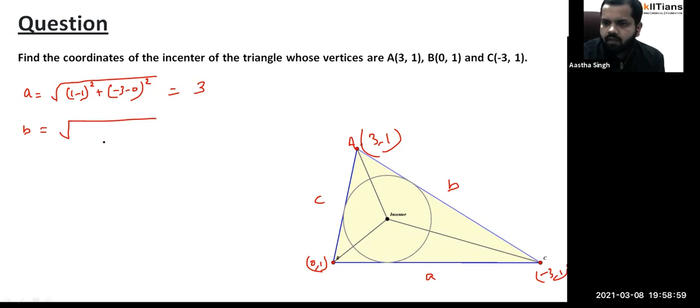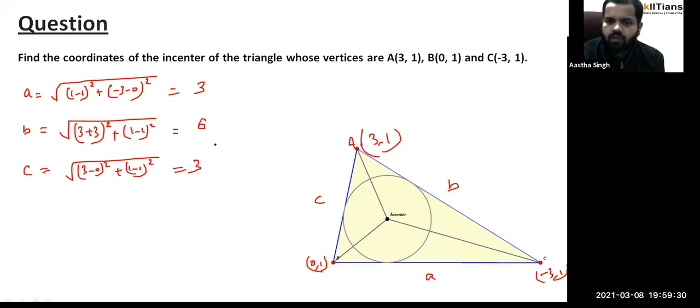That is 3 minus minus 3, that is 3 plus 3, and 1 minus 1 is 0. So 6 squared is 36, and root of 36 is 6. C will be the root of 3 minus 0 whole square plus 1 minus 1 whole square. This is also 3, right?